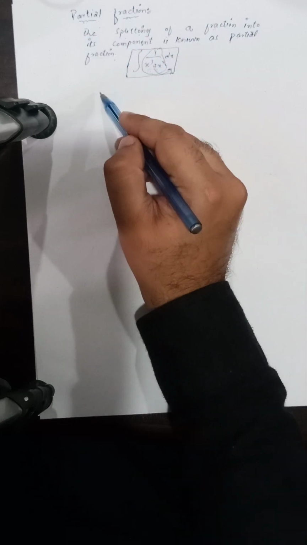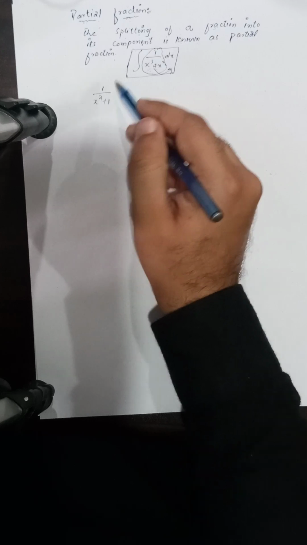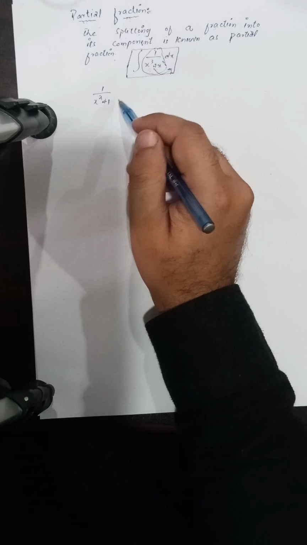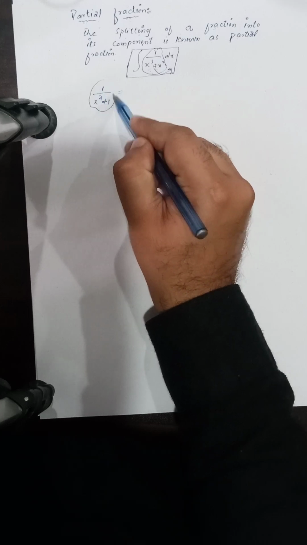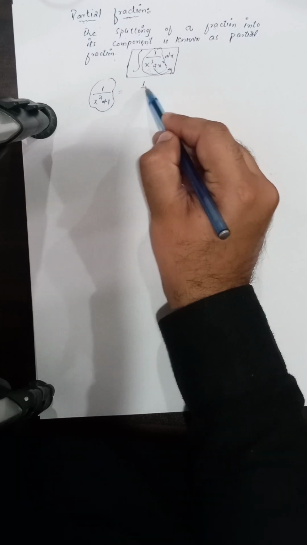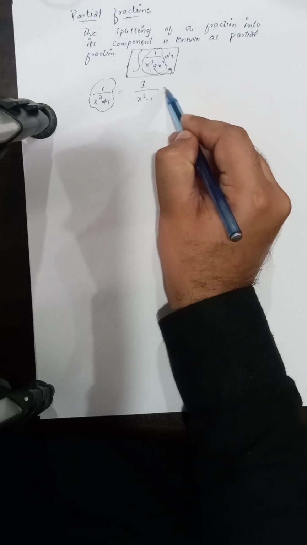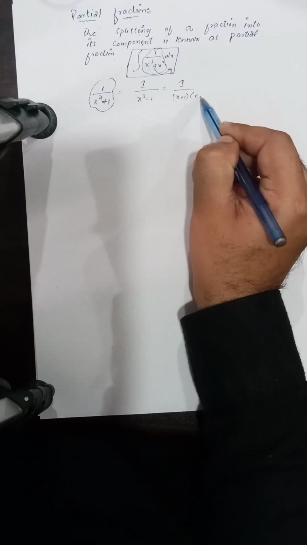For example, if someone gives us a fraction which is x square minus x square plus 1, or it is x square minus 1, and asks us to split this fraction into its components, it is equal to 1 over x plus 1 into x minus 1.